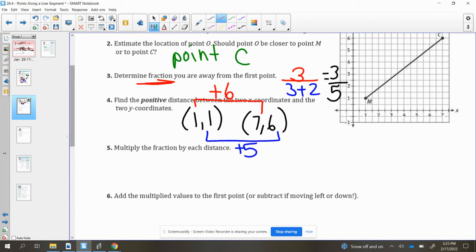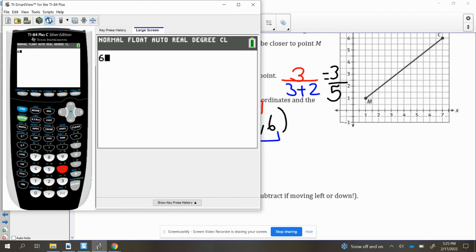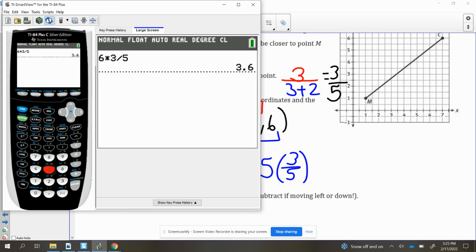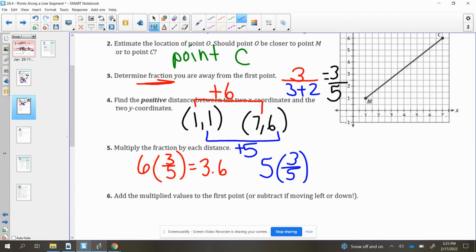So now, again, we want to think about how much did we actually move if we're only moving 3/5 of that distance. Well, the X values, if you multiply by 3/5, 6 times 3 divided by 5 is going to be about 3.6. And our Y values, if we moved 5, but we're only going 3/5 of the way, 5 times 3/5 is 3 units.